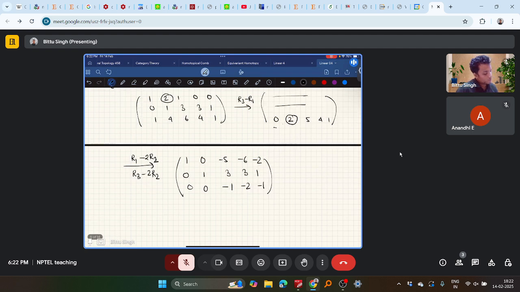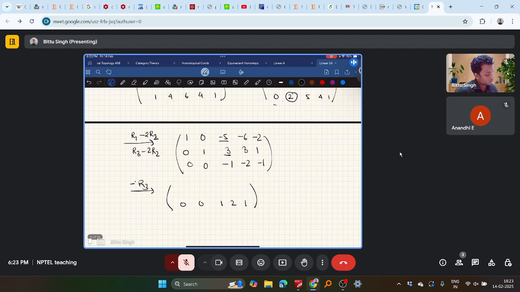Now again we will perform an operation. What can we do? We just remove those minus 5 and 3 here. First, let us multiply R3 by a negative sign, which will give you 0 0 1 2 1.